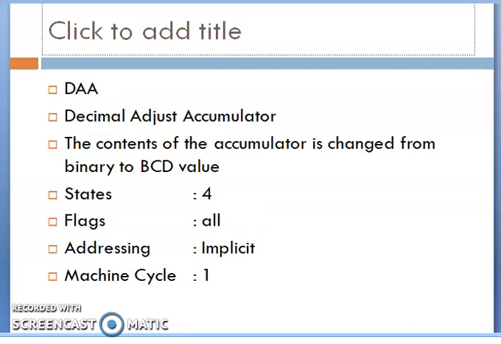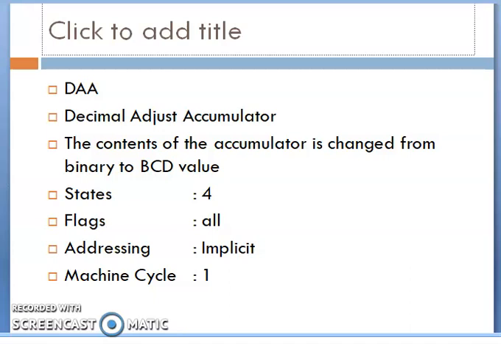Then next, the last instruction is DAA, decimal adjust accumulator. The contents of the accumulator are changed from binary to BCD value. Normally the operations inside the processor are binary, but commonly we are dealing with decimal values.